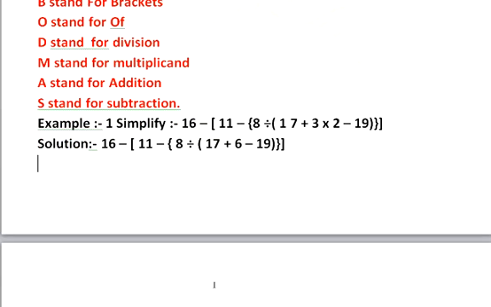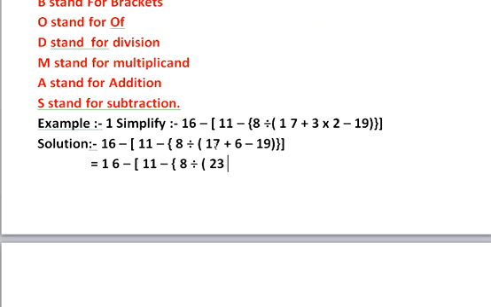Now in the second step, we write 16 minus 11 minus curly bracket 8 divided. After multiplication we do the addition. So 17 plus 6, we add.